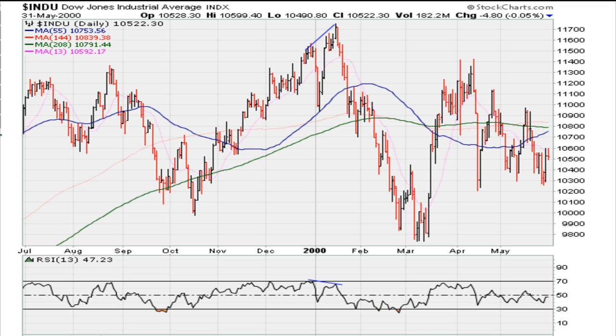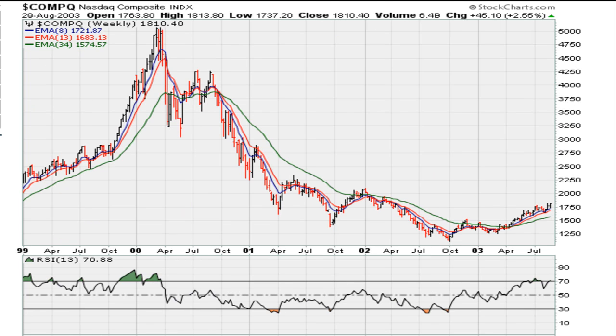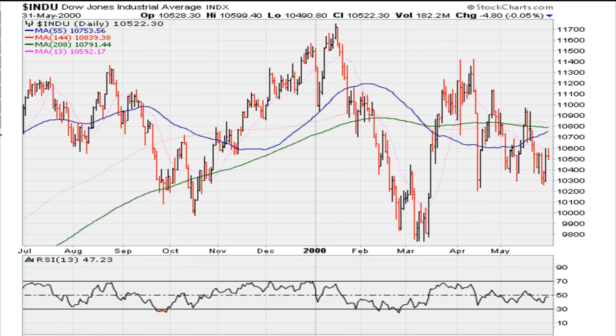Again, we are talking about the weekly, this general area where the market made a major high, and the daily for the Dow looks like this. Again, we have higher highs, lower lows right there.